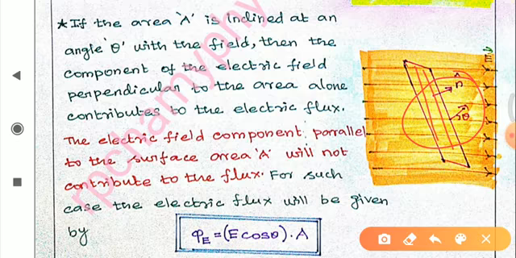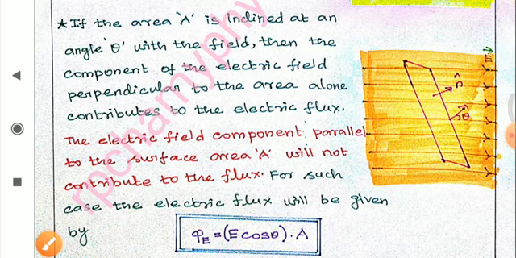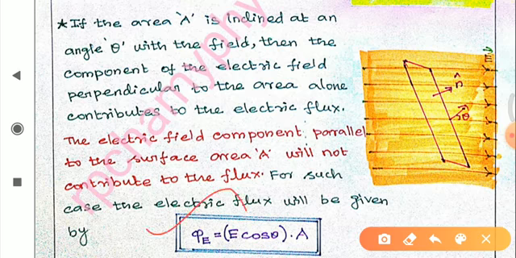Now what is the angle between them? We don't know the exact value, but it is inclined at an angle theta with the direction of the electric field. Now what is the flux? The flux value is given by phi E is equal to E cos theta into A.